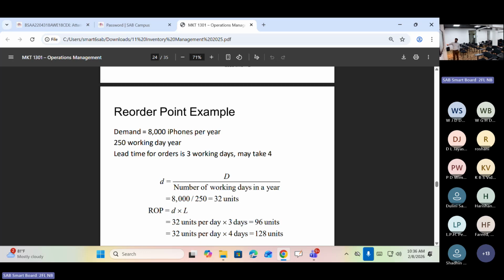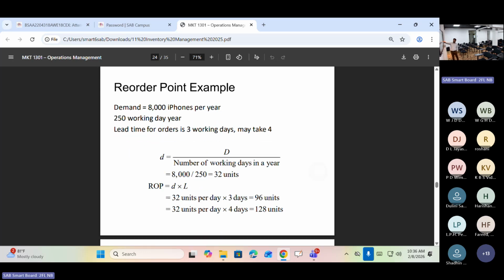If you are provided some simple information like this: annual demand for these phones is 8,000 units per year, assume they work 250 days per year, and the lead time for an order is 3 working days.